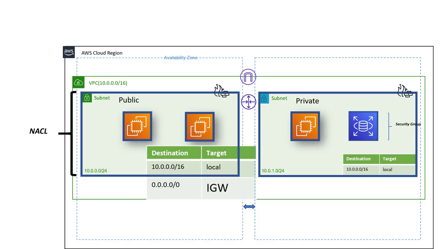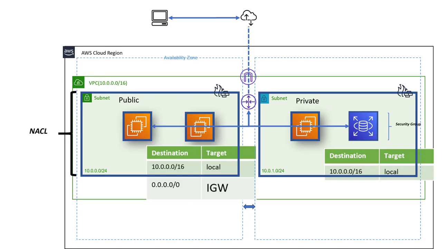Because the destination 0.0.0.0/0 connects it to the internet gateway, that makes this a public subnet, and that makes it possible for any of the resources within the public subnet to connect to the internet. And the other route, 10.0.0.0/16 local, makes it possible for it to connect to all the other resources within that particular VPC.